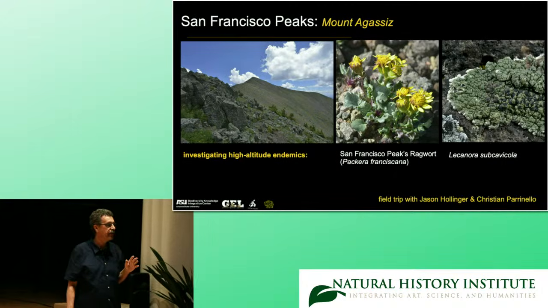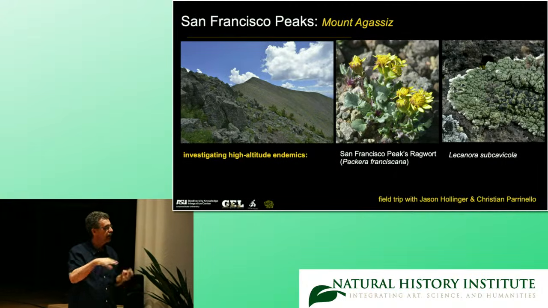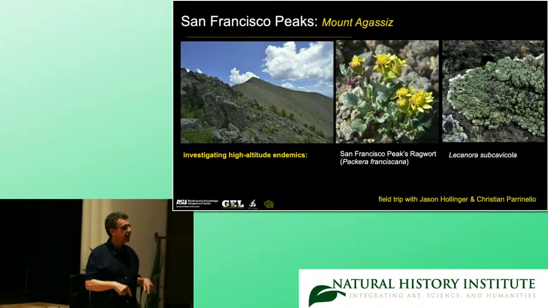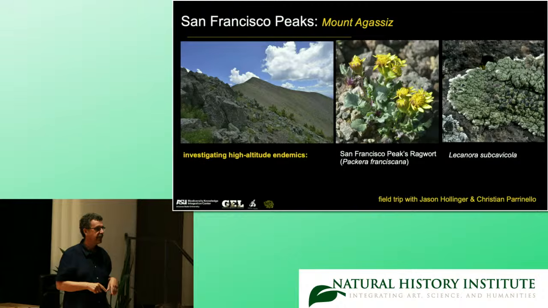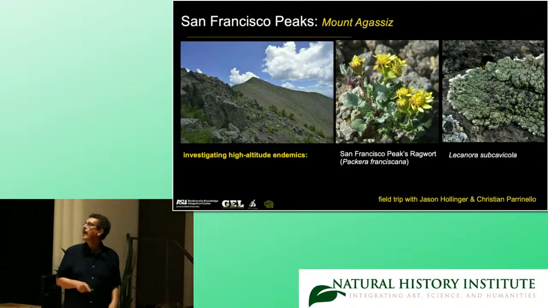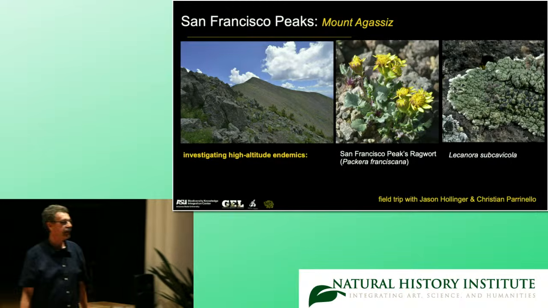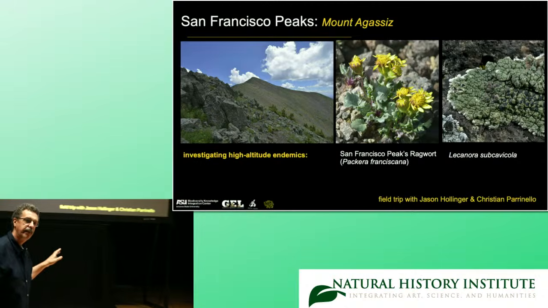So you go up there, you can take a lift, you can look around on that platform, and then you can take the lift down, but you can't walk up on the mountain. And the reason for that is because on that peak there is the San Francisco Peaks ragwort, which is a plant that only grows on that single peak in the world, right? And so you don't want to have people walk on that mountain and do this on the Arizona ragwort, because then maybe you won't have it growing anymore there, right?